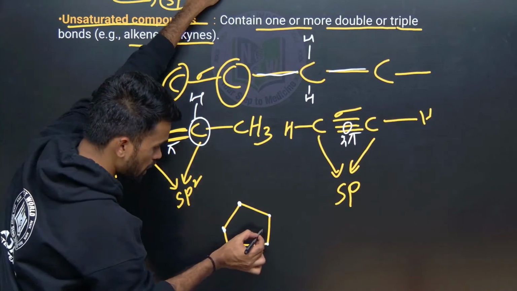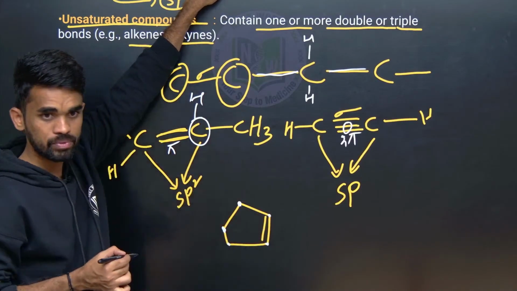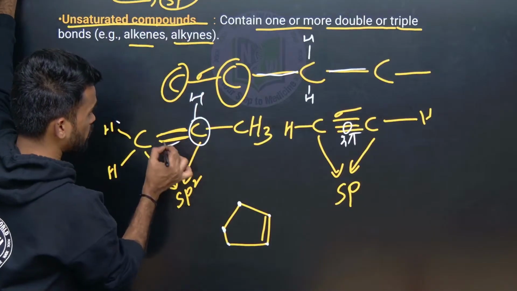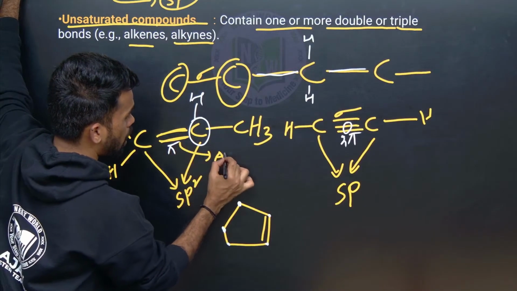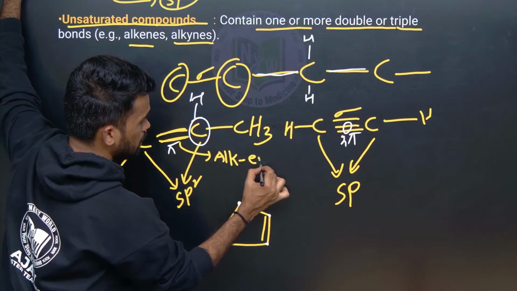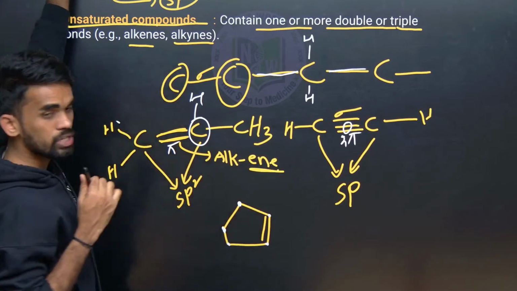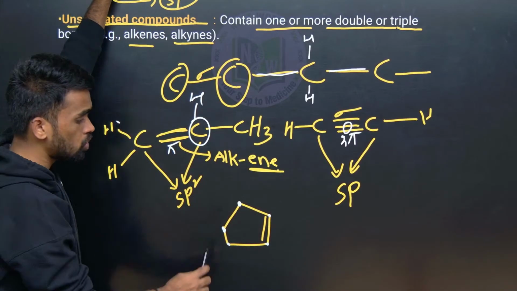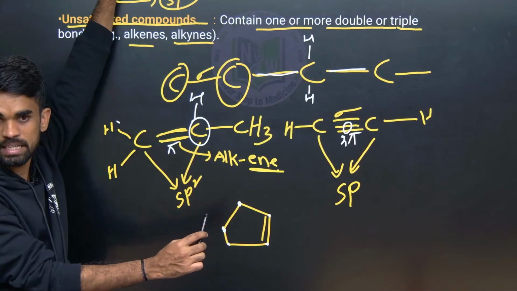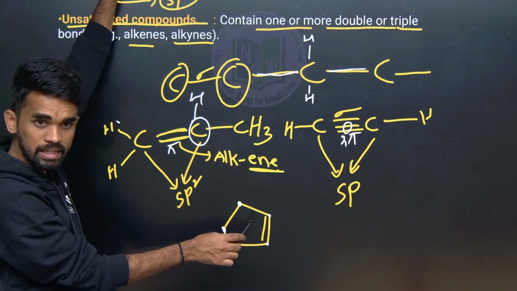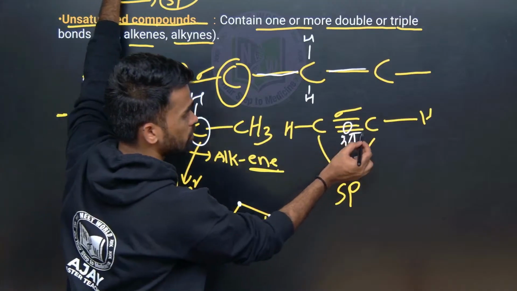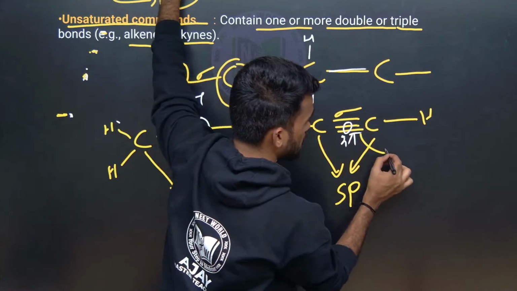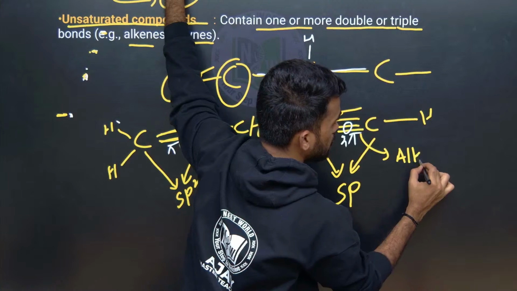Okay. So now here I am writing a double bond. Whenever we have one double bond, we say it as alkene, right? So this is what you need to use. Cyclopentene. Now here when we have a triple bond, we say it as alkyne.